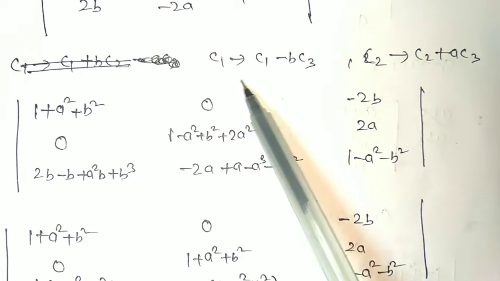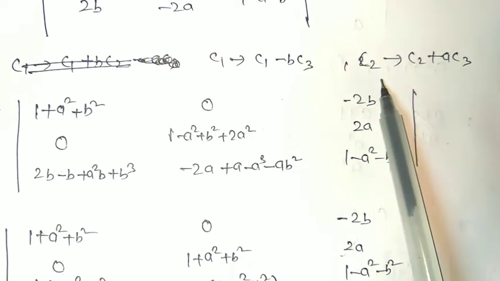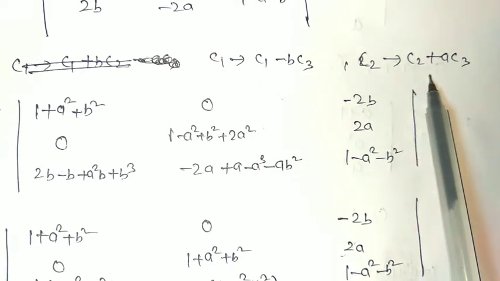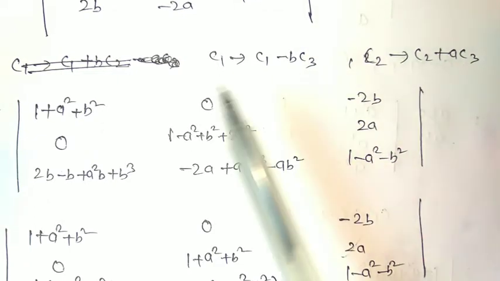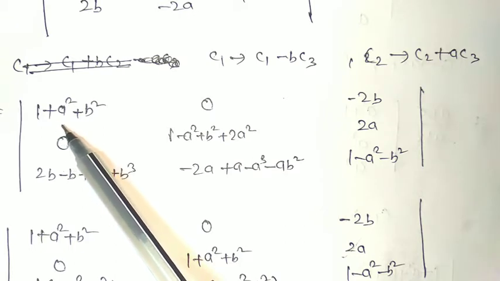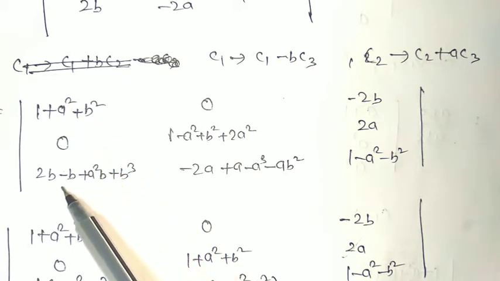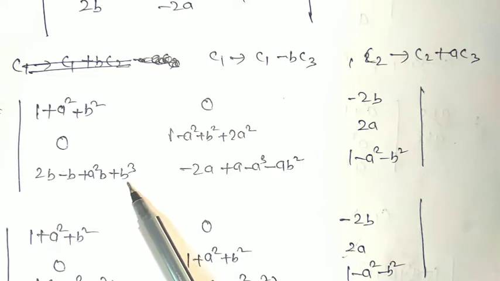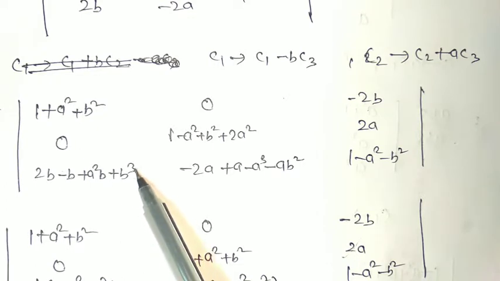So we have two column operations. The first column operation is c1 equals c1 minus b c3, and the second column operation is c2 equals c2 plus a c3. After applying these, we have 1 plus a square plus b square, 0, and b plus a square b plus b cube in the first column.